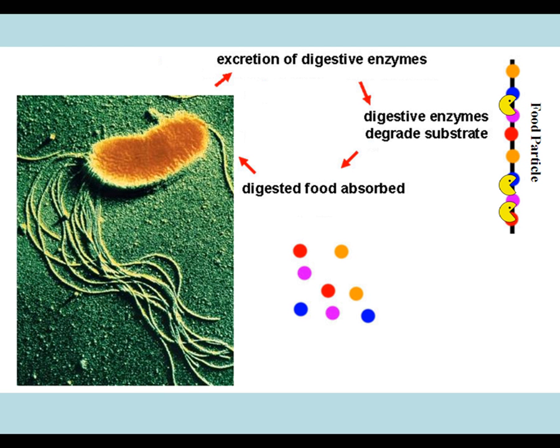It is actually occurring outside of them, and that's what the term means. Extracellular, outside of the cells, or outside of the organism, digestion. So bacteria feed by extracellular digestion, secreting enzymes onto the food, breaking it down, and then absorbing those chemical components, those nutrients, into the bacterium.